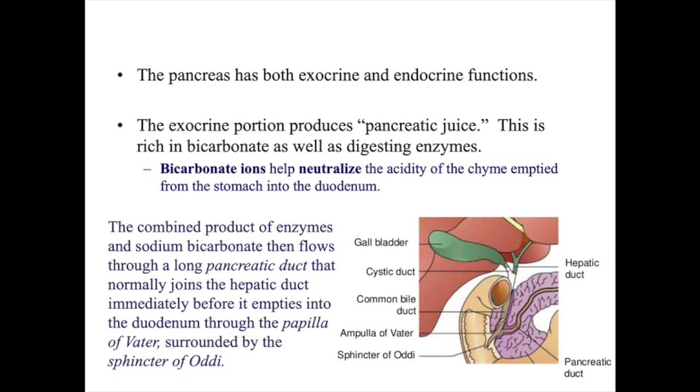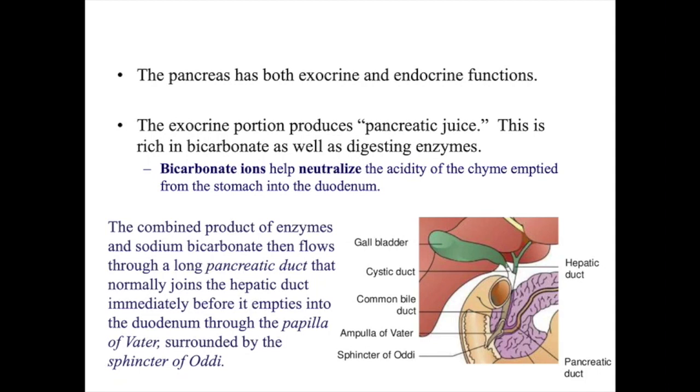Up to here we spoke about the mouth and the stomach, and now everything else that involves digestion will happen in the small intestine, and will be in great part with the help of the pancreatic juice.